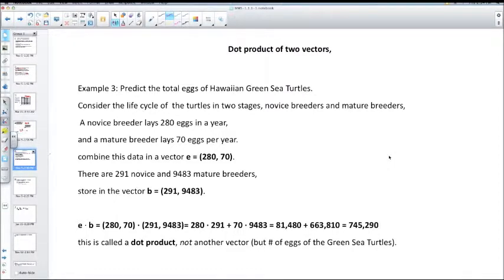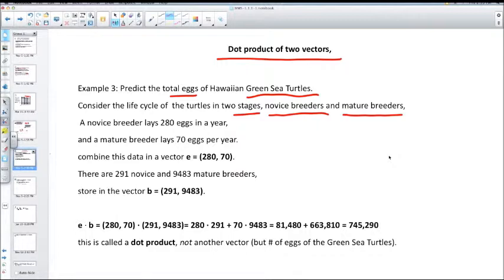Next, let's look at the second operation, dot product, in example 3. If we want to predict the total eggs of the Hawaii green sea turtles, consider the life cycle of the turtle in 2 stages. One we call novice breeders, and another one is mature breeders.